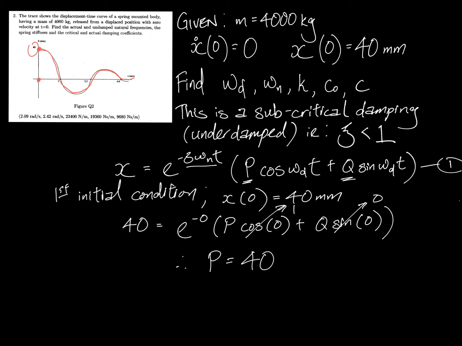So likewise, we will use the second initial condition of the velocity at time 0 equals to 0 to solve for Q. So our second initial condition is velocity is equals to 0 when time is equals to 0. So because we have a velocity term here, we'll differentiate equation 1 with respect to time to get velocity.